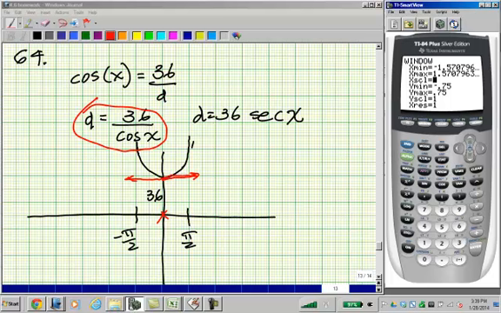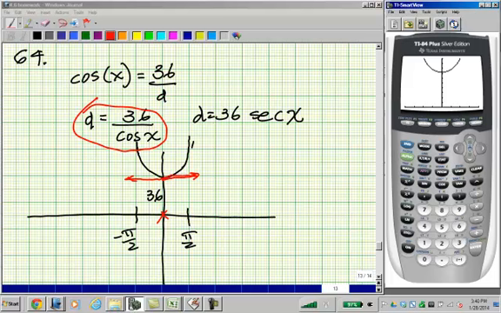Now for y, let's make the min 0 and the max 50, and we'll make the scale 5. Let's see what this looks like. Okay, there we go. That's it.